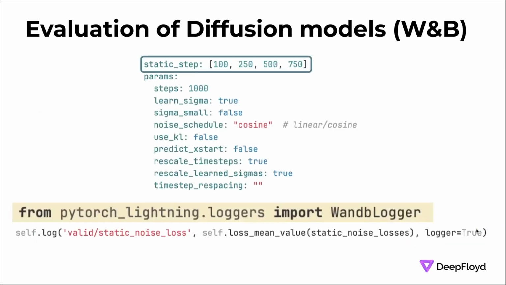So we made a decision to use static steps. For example, if you have 1,000 discrete diffusion steps, you can hold out and evaluate on these specific steps to avoid this stochasticity in the validation loss. We used Weights and Biases to log this using just several lines of changes.